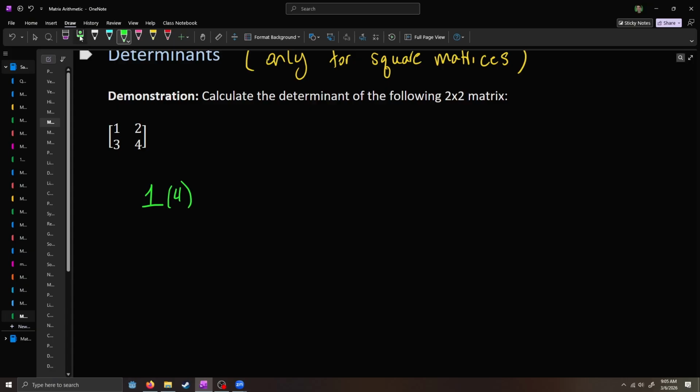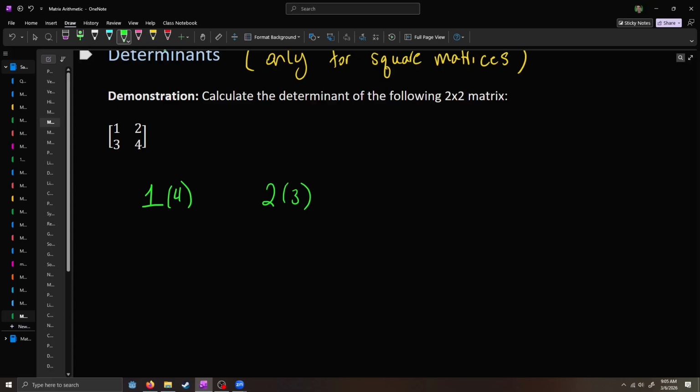Having done that with the very first entry in the first row of the matrix, I'm now going to move to the second entry in that top row, and I'm going to do exactly the same thing. I'm going to extract the entry 2, and then I'm going to cross out the row and the column containing that 2. And that's going to leave this entry of 3 in the bottom left corner. So I'm going to take that 2 and multiply it by 3.